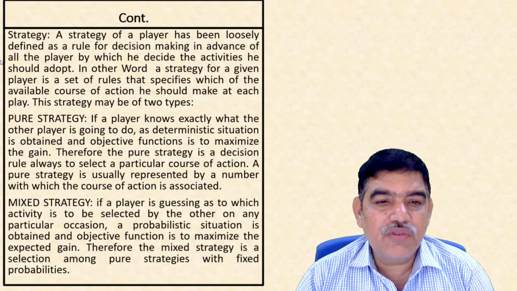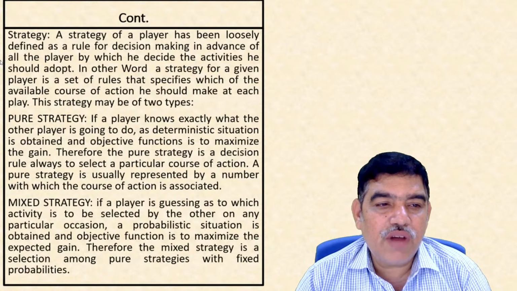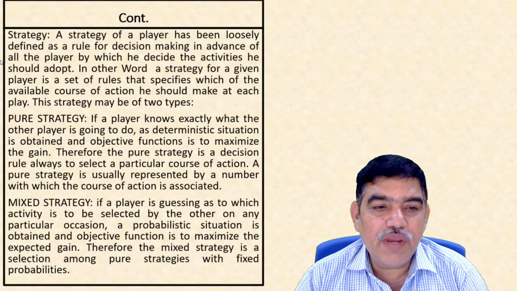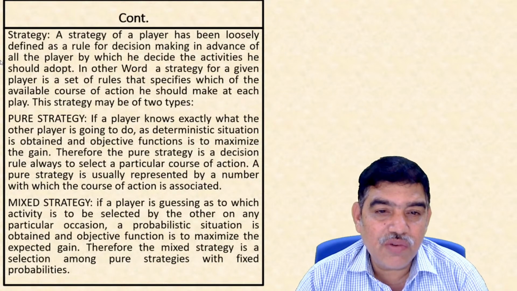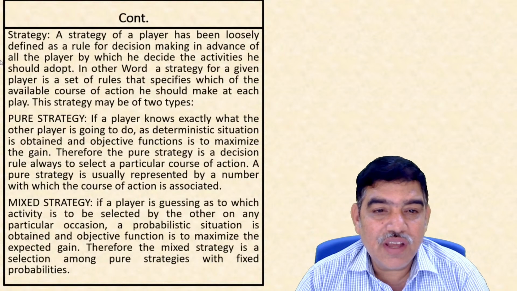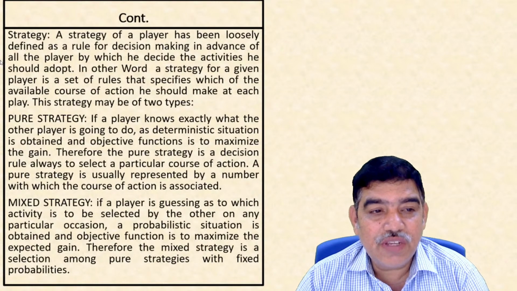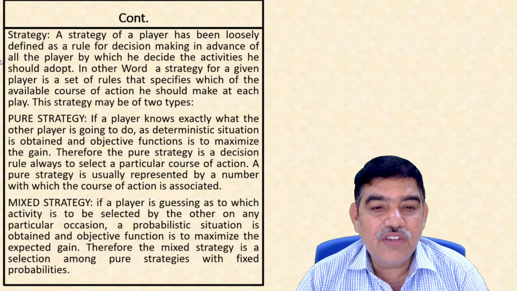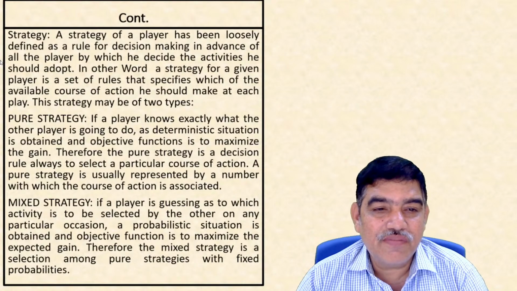If a player knows exactly what the other player is going to do, suppose the game is being played between two players, a deterministic situation is obtained and the objective is to maximize the gain.